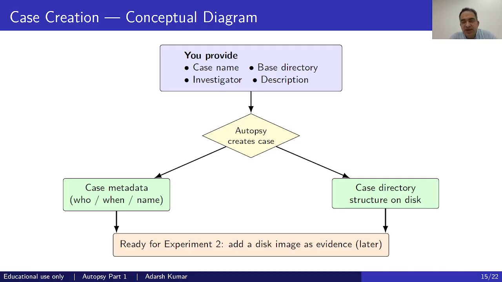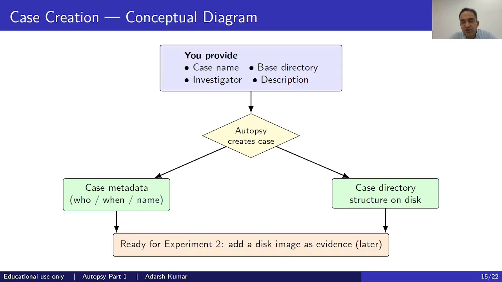This conceptual diagram explains what Autopsy does when you create a case. First, you provide the inputs: case name, base directory, investigator details, and an optional description. Autopsy then processes those inputs and creates the case object. From that process, you get two important outputs. One is case metadata: information about who created the case and when it was created.